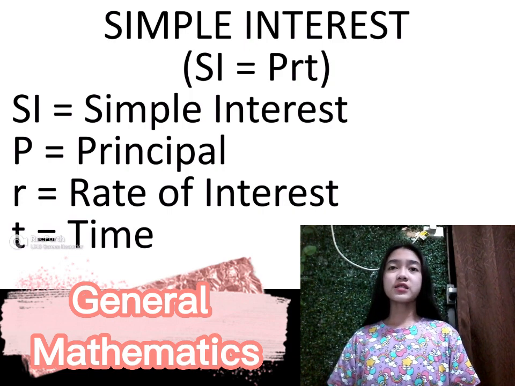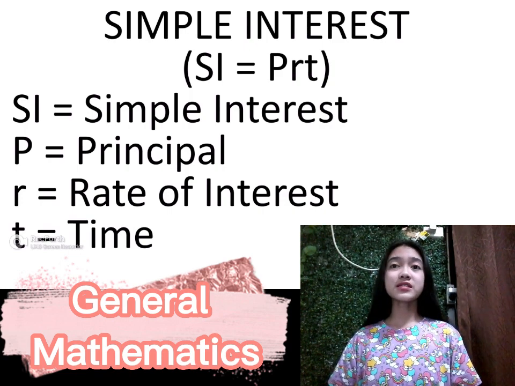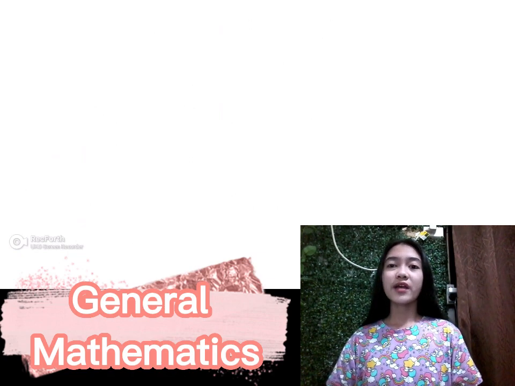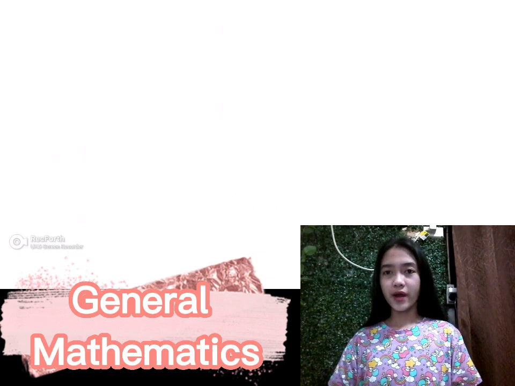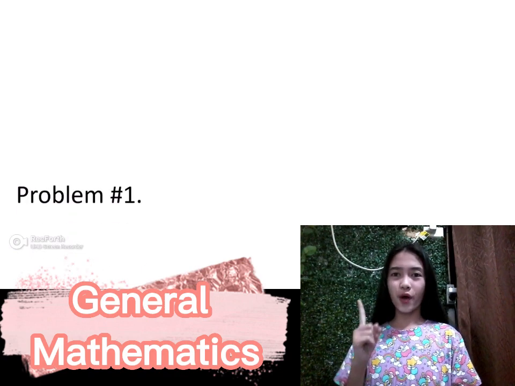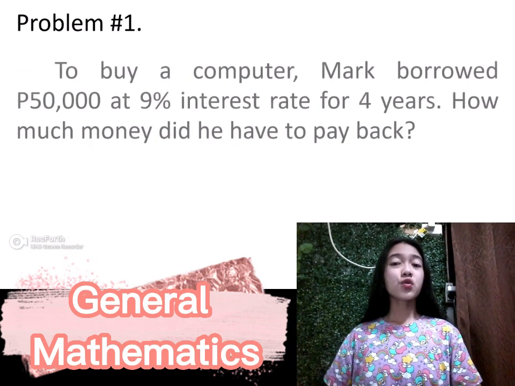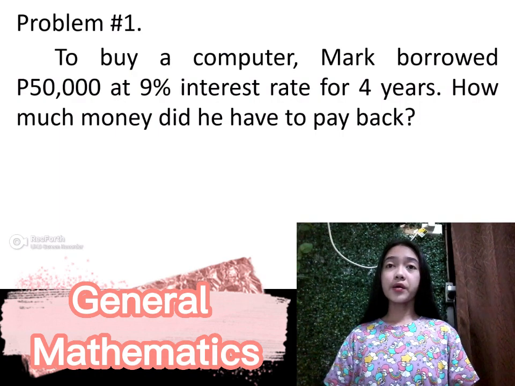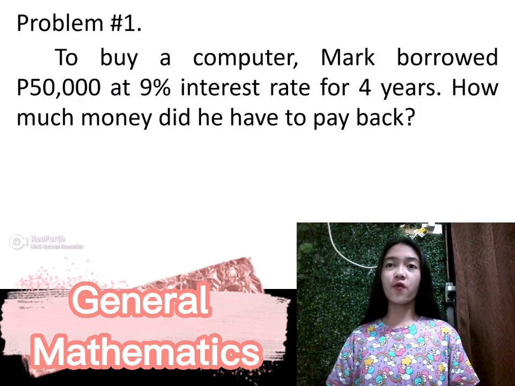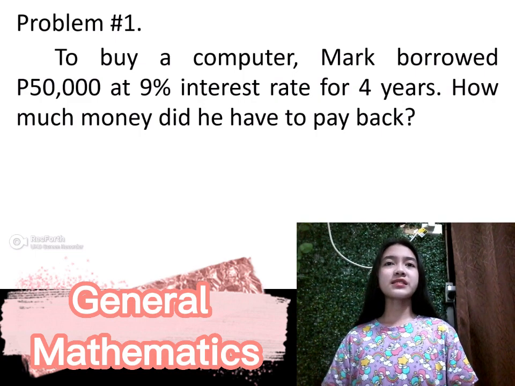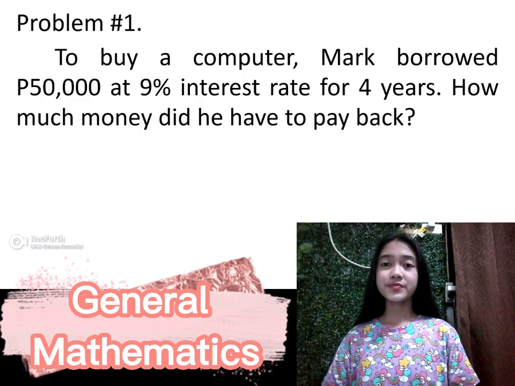So, for you to fully understand what simple interest is all about, let's try to solve problem number 1. To buy a computer, Mark borrowed 50,000 pesos at 9% interest rate for 4 years. How much money did he have to pay back?